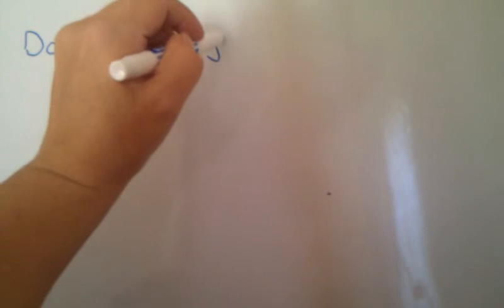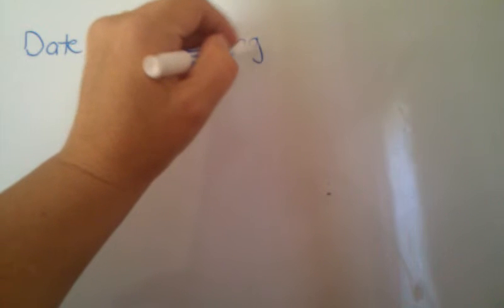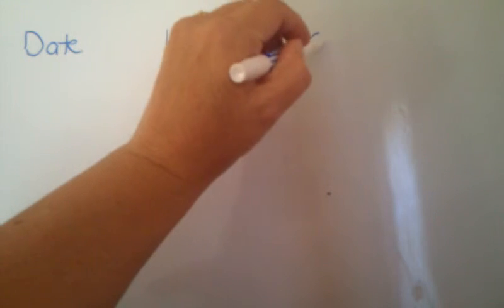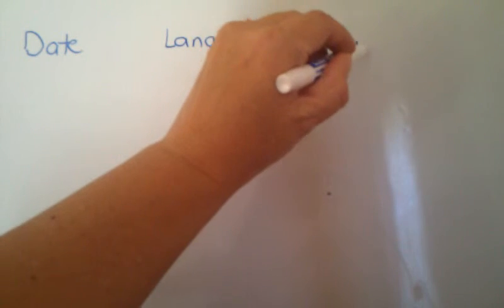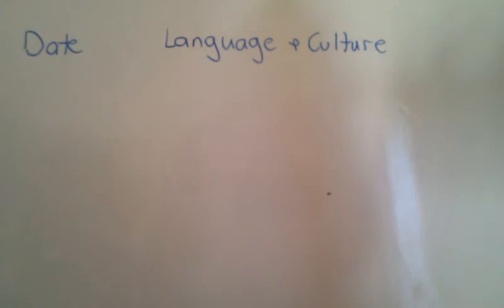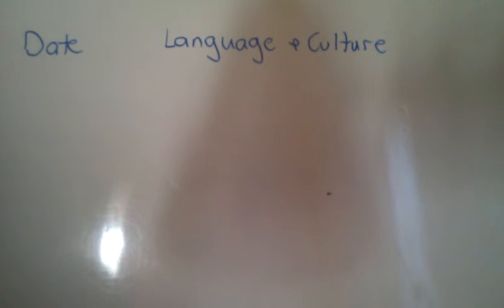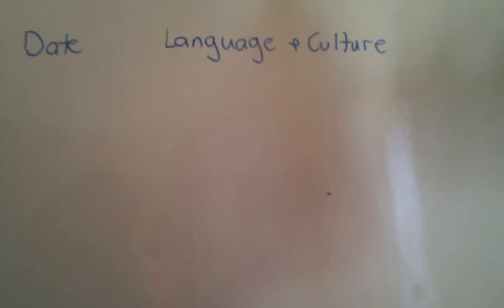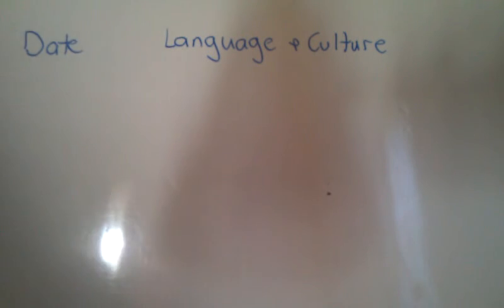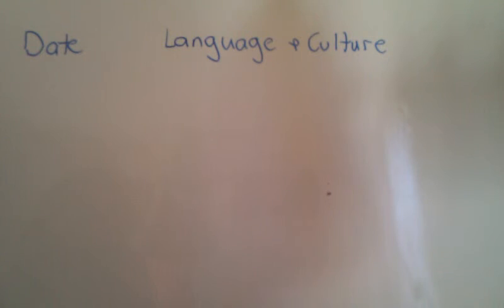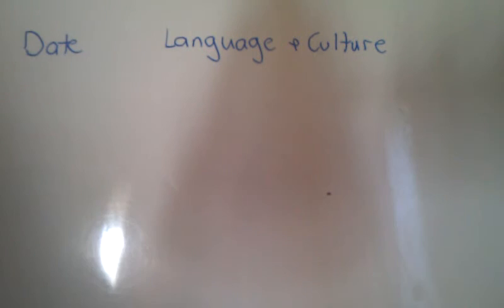This is called language and culture. I'm sure you all have realized this by now, but everybody does not speak the same language. The biblical story of the Tower of Babel tells us of God confusing the languages.